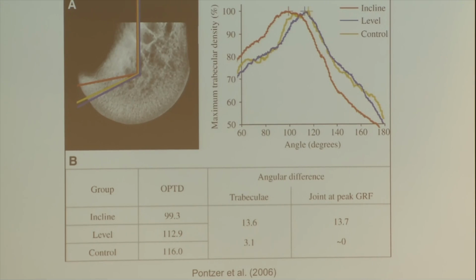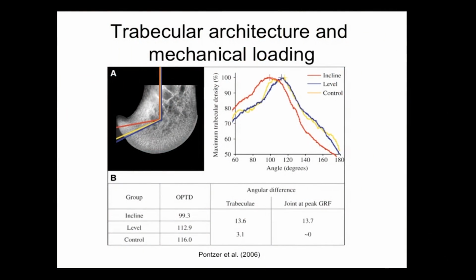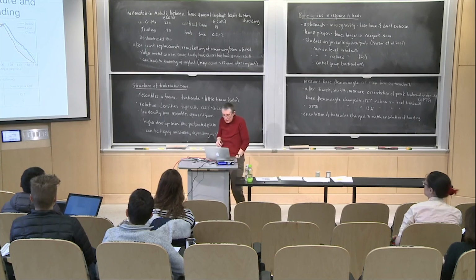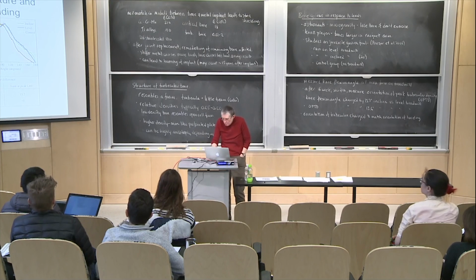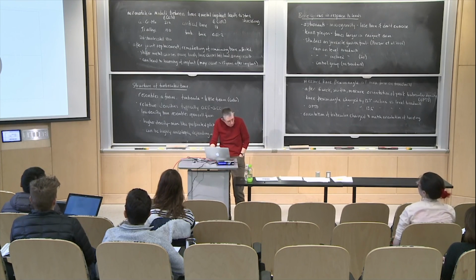Then they looked at the difference between the incline and the level in the knee angle. That's what this is. And between the level and the control, there wasn't really any difference in the knee angle, because the control ones were just walking around. So that's the slide that has the actual data on it. All right, and then I showed you the video.